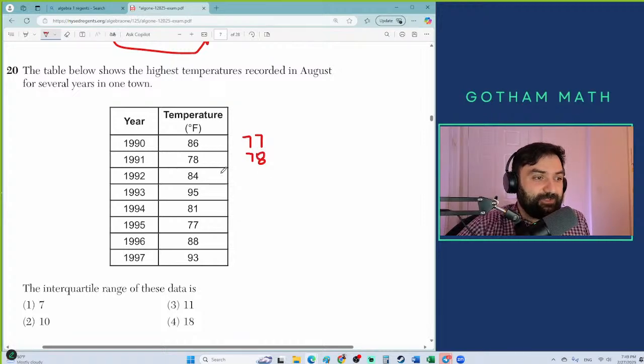Then, guys, if you see me making a mistake, please put it in the chat, okay? Then 81, I think. Then 81, 84. Let me eliminate them so I know.